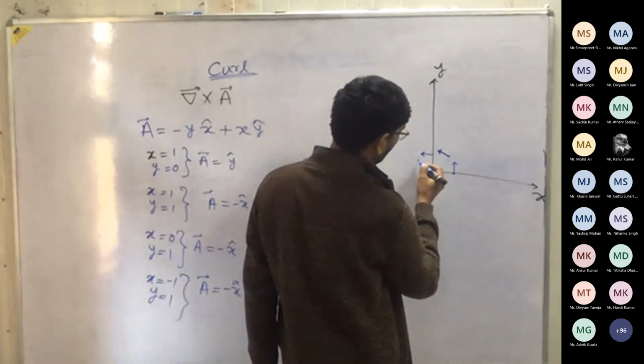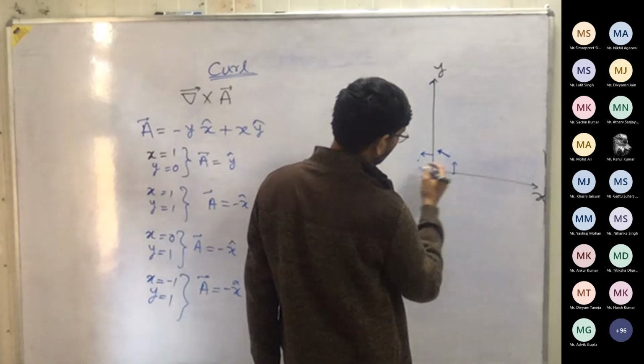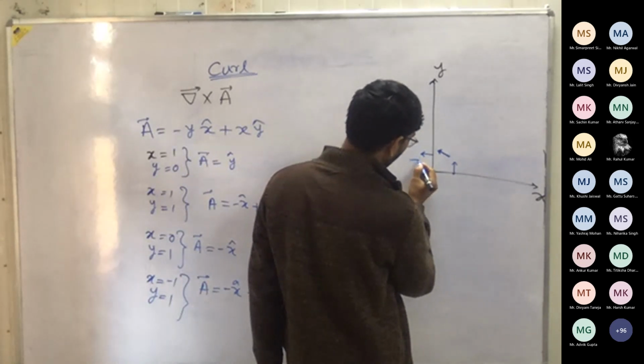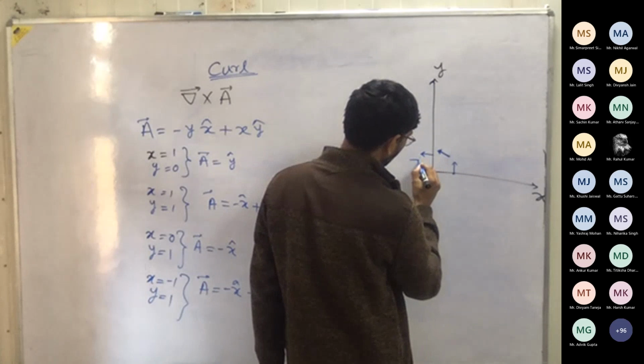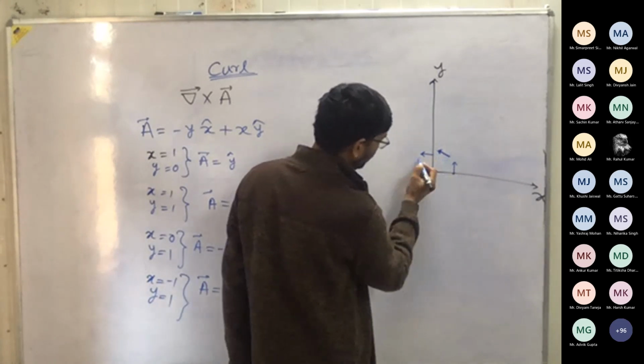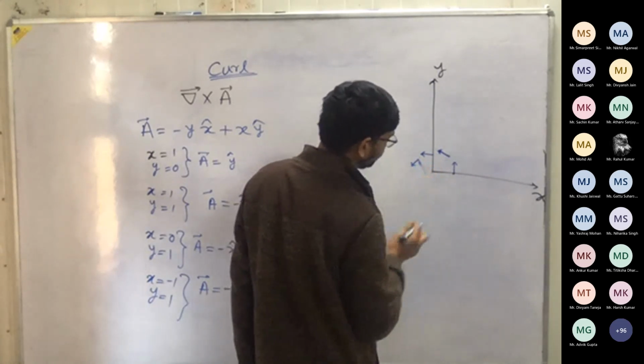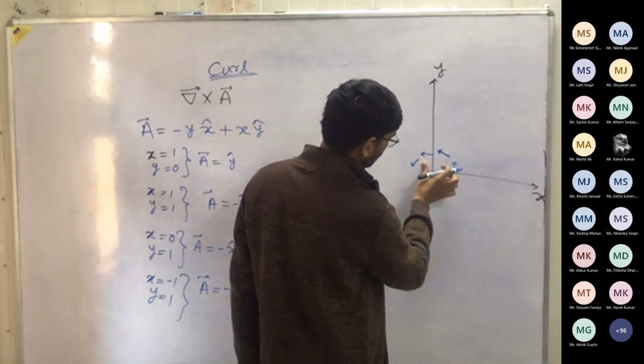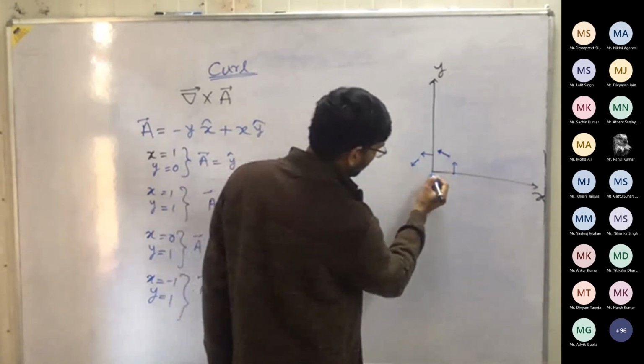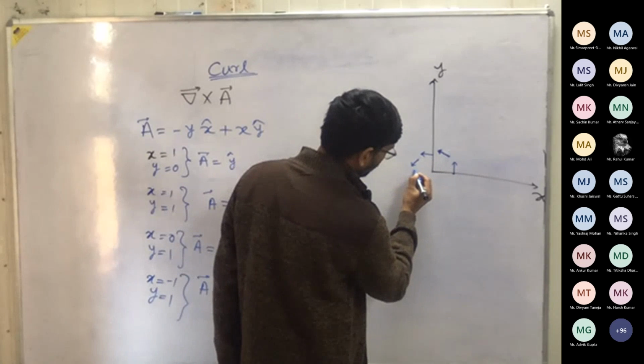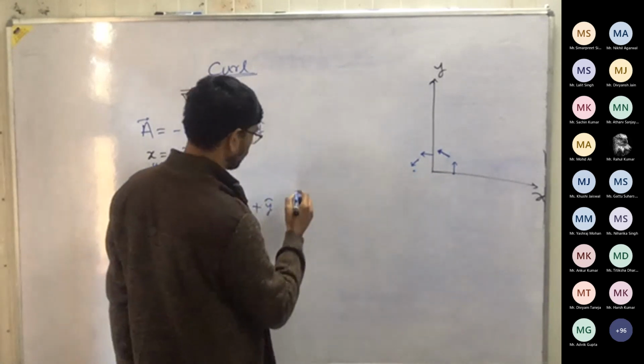So this will be this and then that. So the resultant will be this. Again, roughly correct.